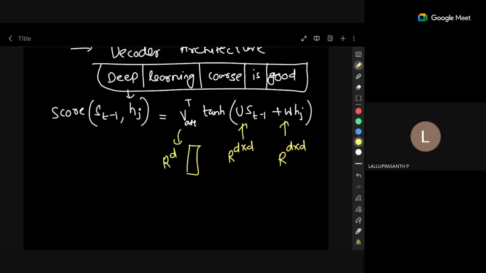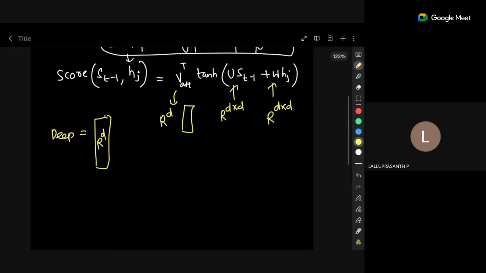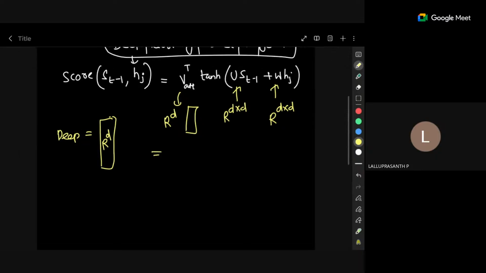So a word I produced an embedding of some vector size, and this vector size is D. So U and W are going to be square matrices and v is going to be a vector. If you compute all of this, you are going to get a single output, which you can call e, in this case e_{jt}.